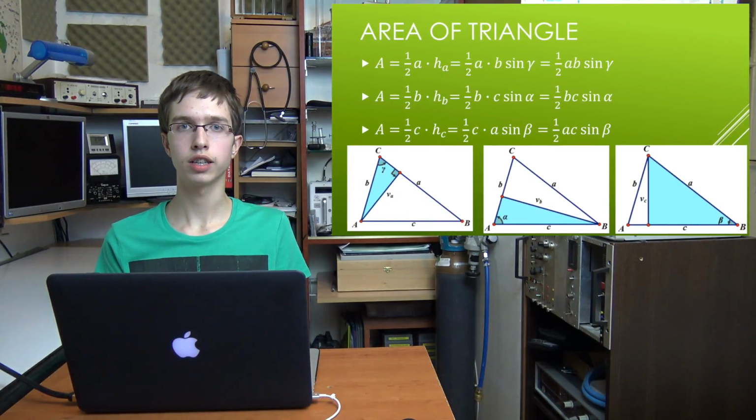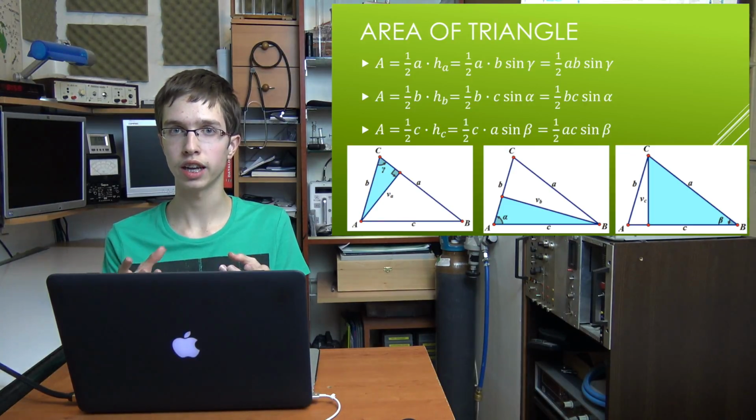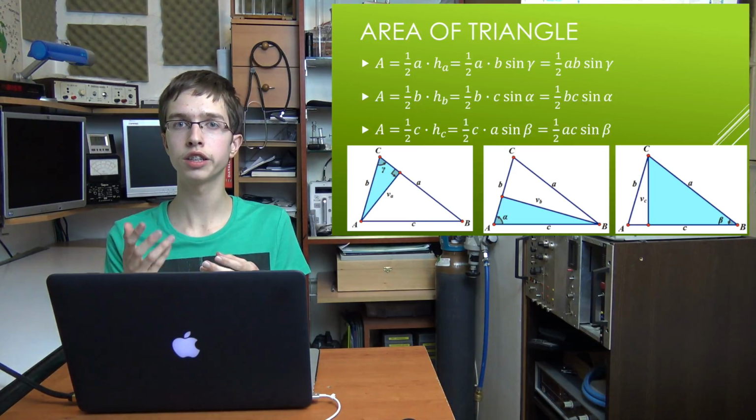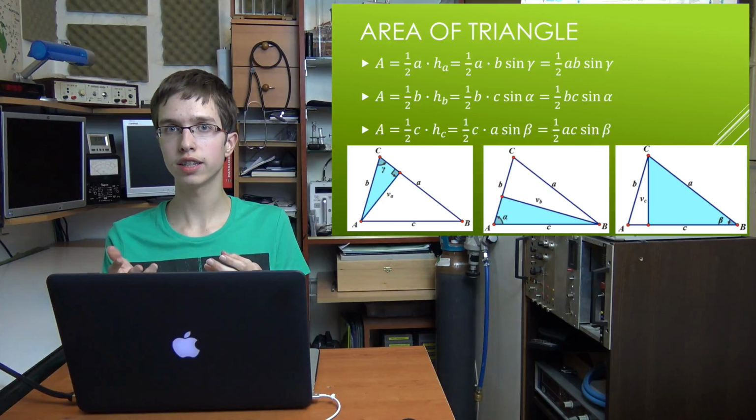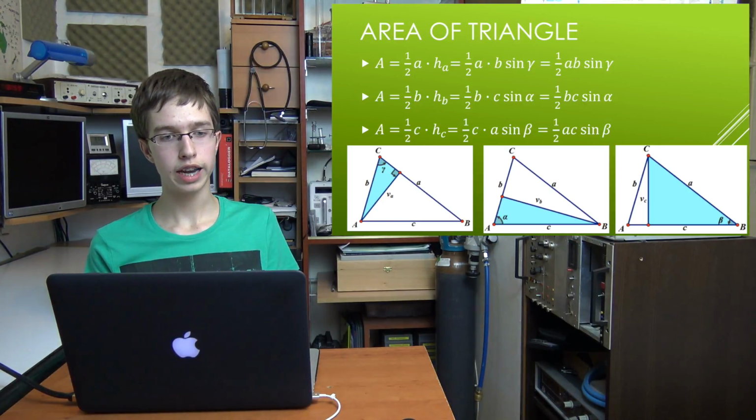The area of a triangle is another use and application of trigonometry in geometry. And trigonometry has many other applications in geometry and in other fields of mathematics and in the other sciences. But here is, for example, the area of a triangle.